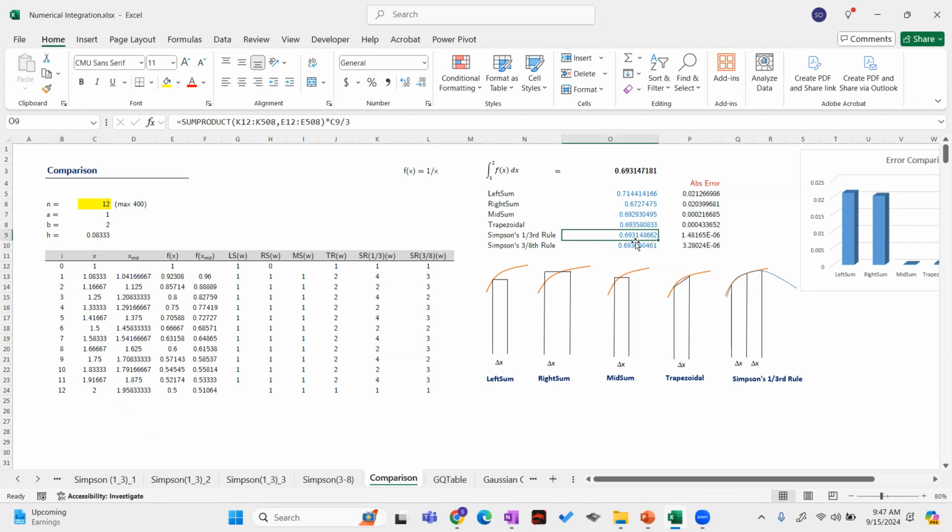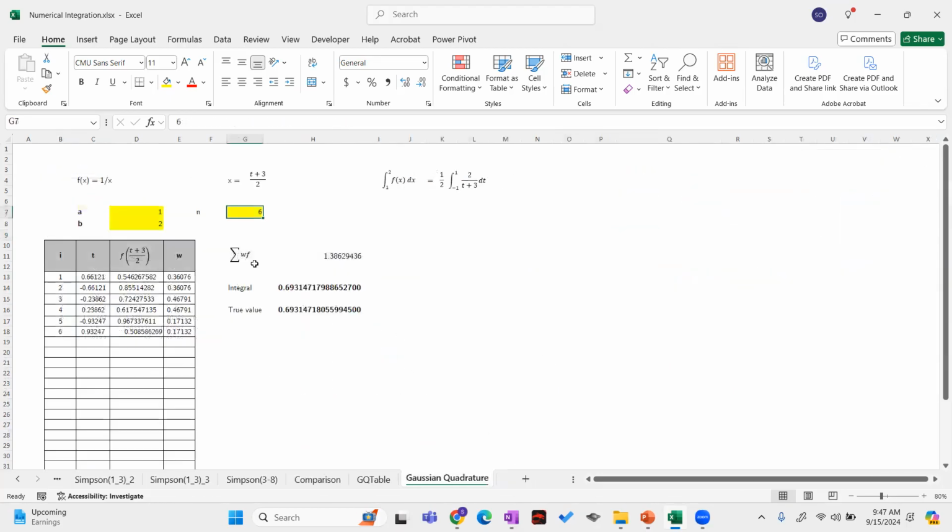And Simpson's one-third rule is accurate up to 314, 1, 2, 3, 4, 5 decimal points. And then it starts to differ. With 12 sample points here, this is accurate up to, you can clearly see, 1, 2, 3, 4, 5, 6, 7, 8, 9, 10, 11, 12, 13, 14 decimal points. So clearly a winner.